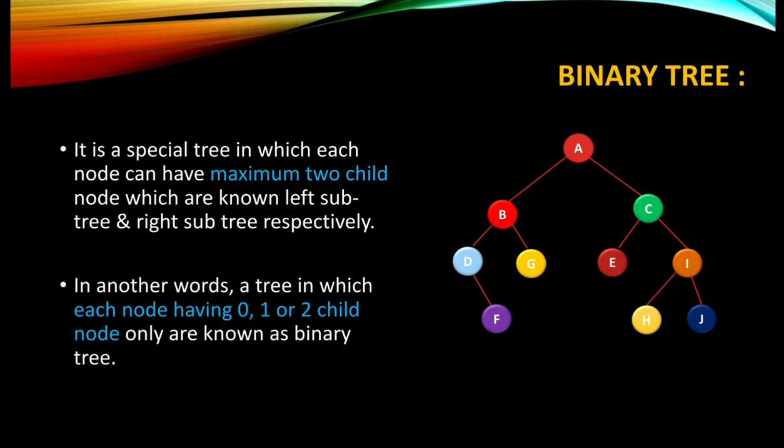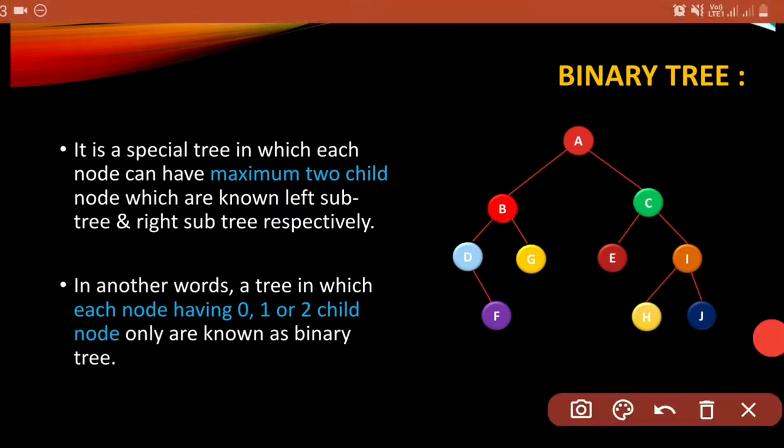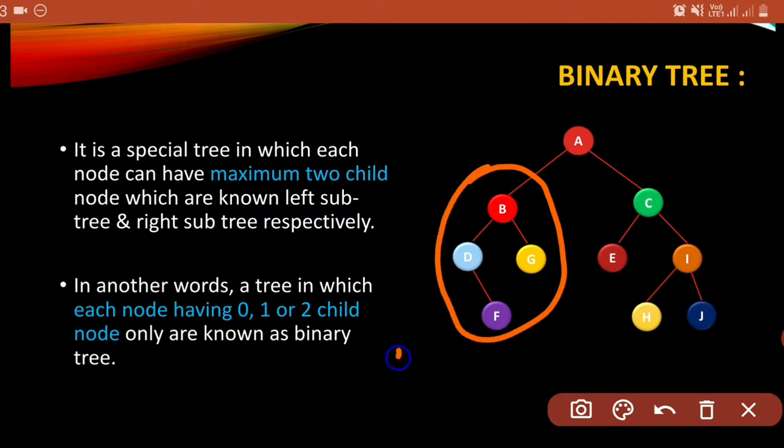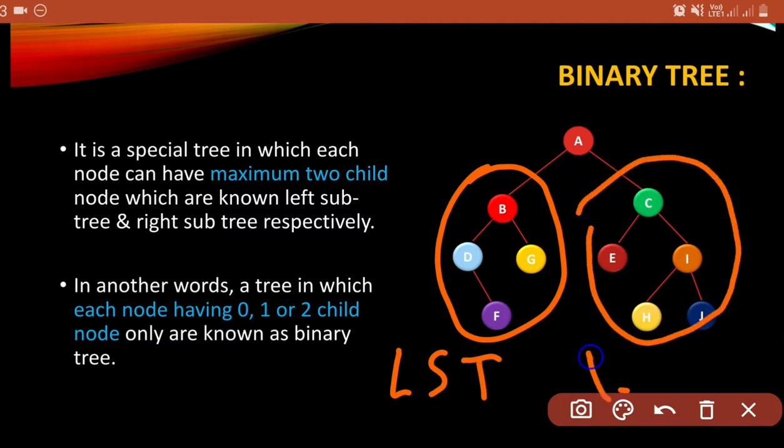Now see, the binary tree is in front of you all. A has 2 nodes, a left node and a right node. This one is the left subtree, and this one is the right subtree. Each and every node has a left and a right subtree.